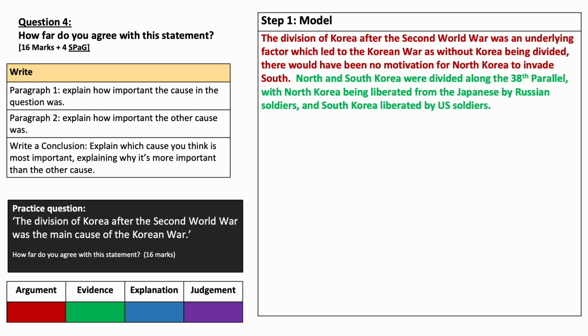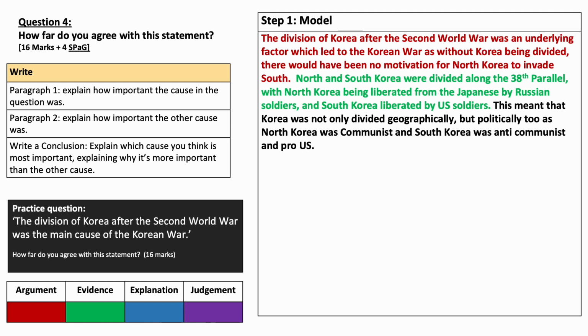But now that I've put some evidence in, I should probably explain how this could lead to a cause in the Korean War. So here I've written, this meant that Korea was not only divided geographically, but politically too, as North Korea was communist and South Korea was anti-communist and pro-US.